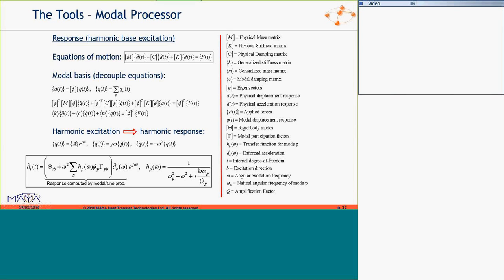And this transfer function H is classic, you must have seen it before: 1 divided by omega p squared minus omega squared, plus j omega p omega divided by Q, for the amplification factor. The closer your excitation frequency is to your natural frequency, the more response you get, and the higher the amplification will be.